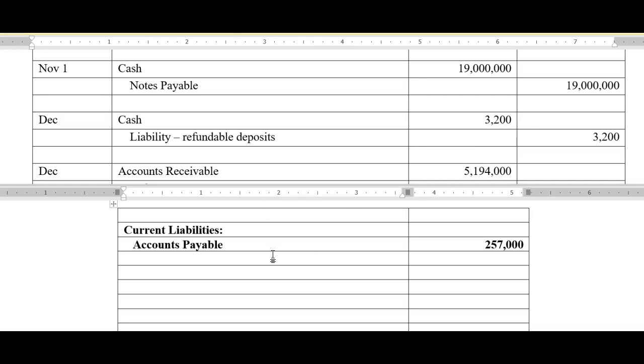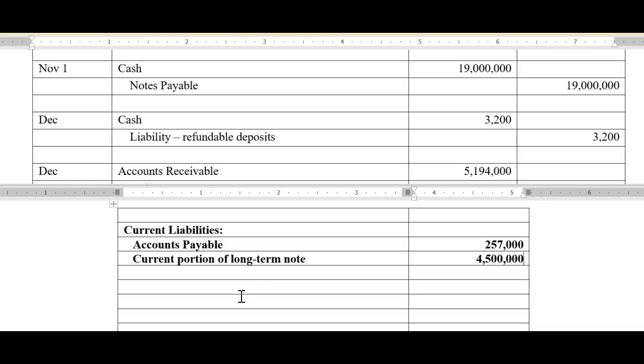So the $4.5 million that's remaining would be a current portion of long-term or non-current debt. Okay, so long-term note, and that would be $4,500,000, and that portion we do plan to pay off.